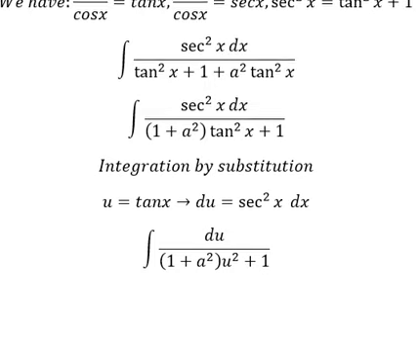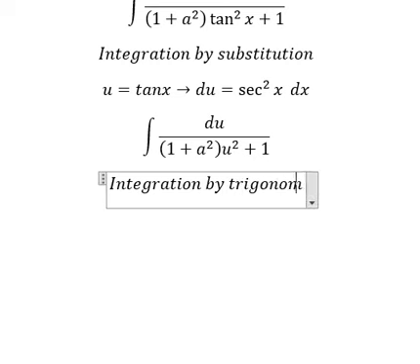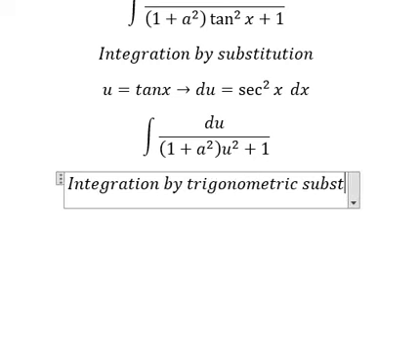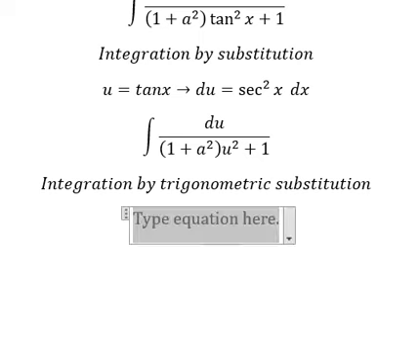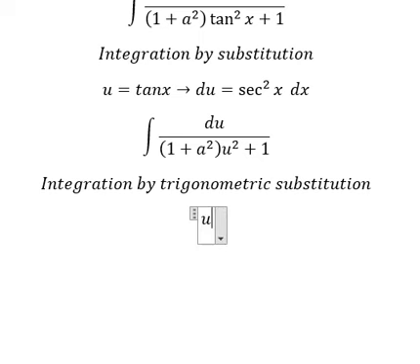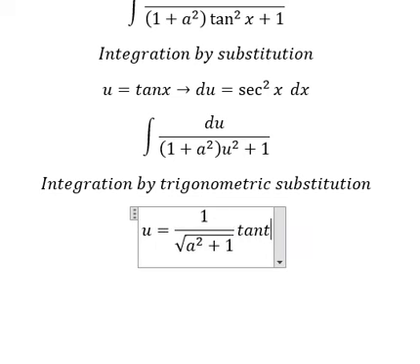So we can use integration by trigonometric substitution. So I will put u equals to 1 over the square root of a squared plus 1 tan t.